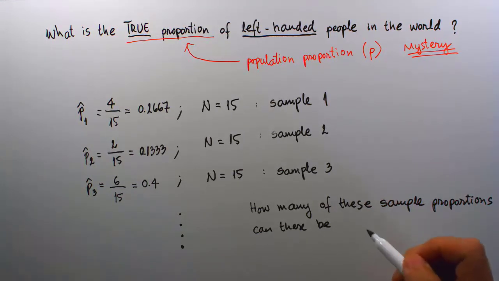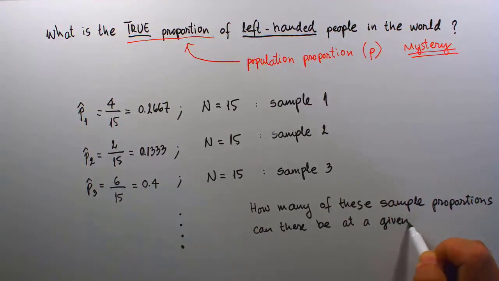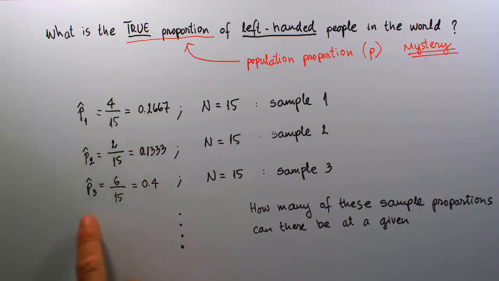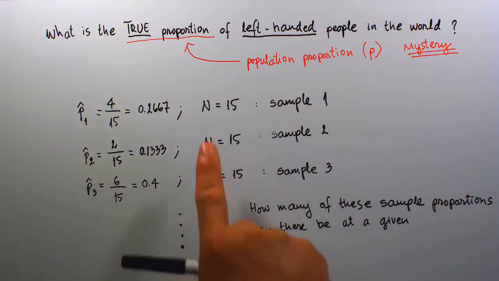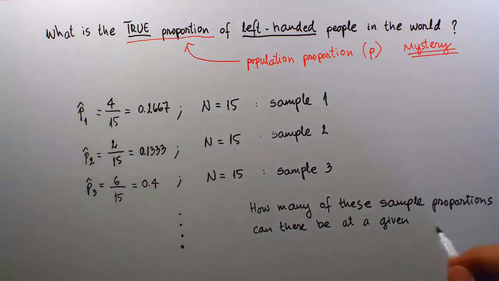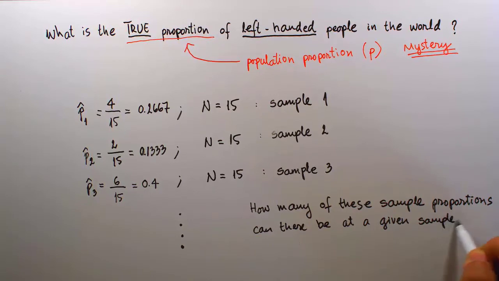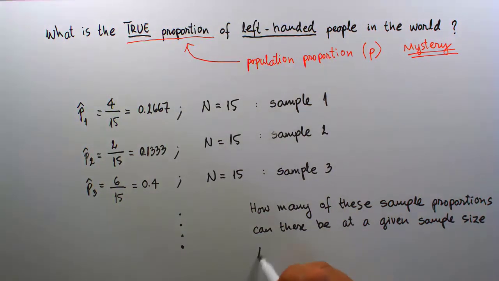And let's get general at a given sample size. You can see that all of the sample proportions that I am illustrating here in my lecture currently stay at the given sample size of 15. But here, how many of these sample proportions can there be at a given sample size n?